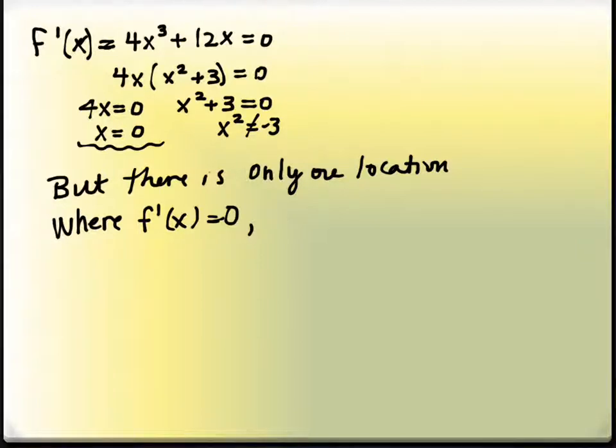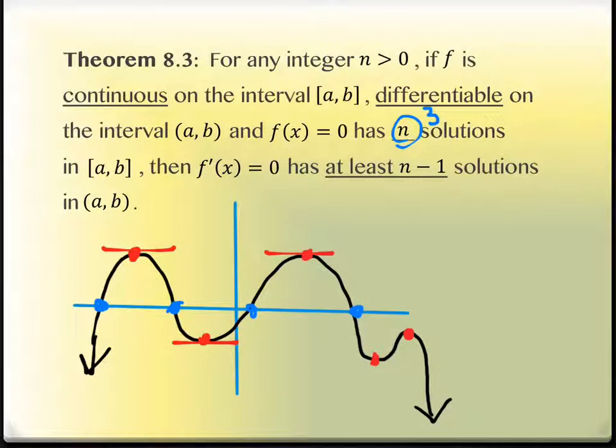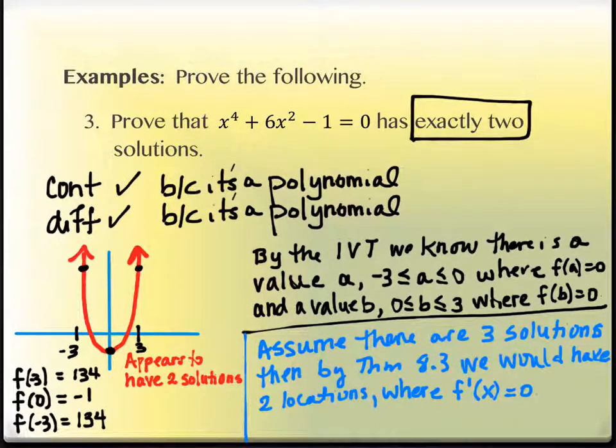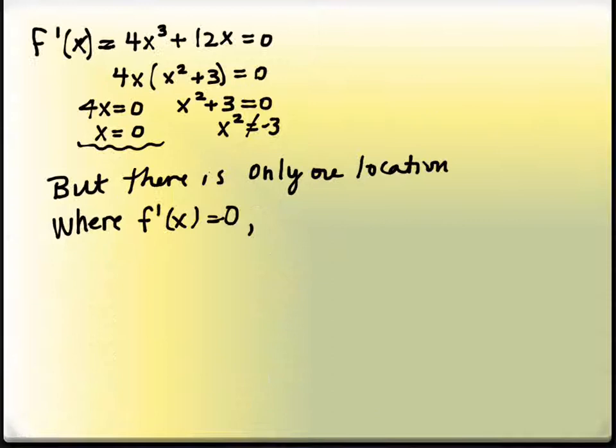So what failed? I didn't get 2 down here. So what was wrong? There couldn't have been 3 to start with. What was wrong is my assumption. I got a conflict. I got something that showed to be not true when it should have been if the conditions had been met. There's only one location where f prime of x equals 0.